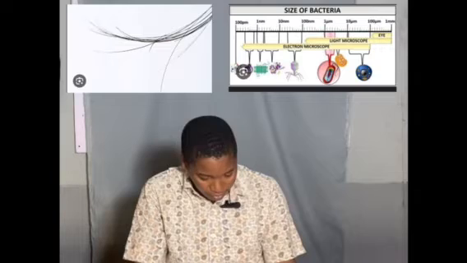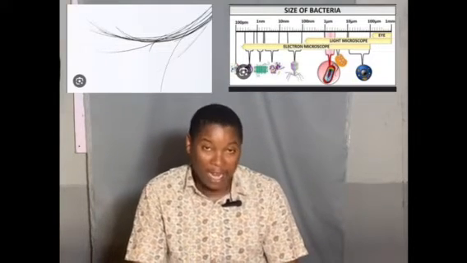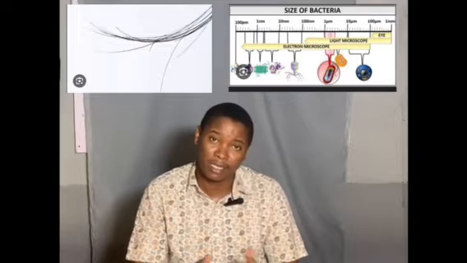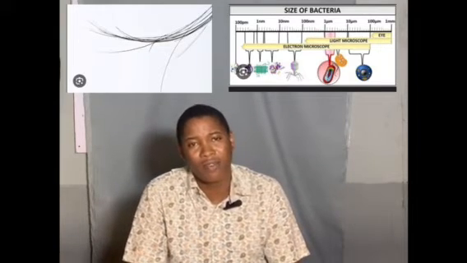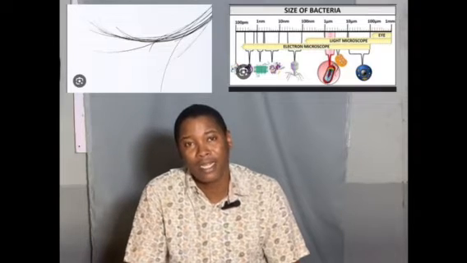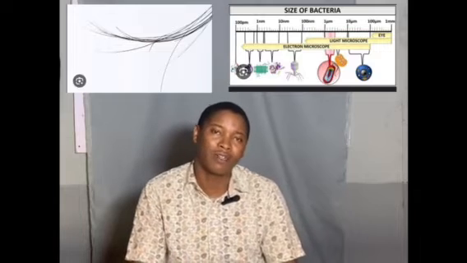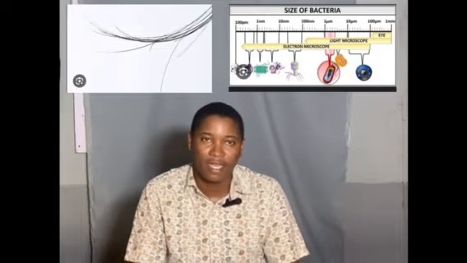Now apart from the size, bacteria have a cell wall, and bacteria are involved in many activities. Bacteria are prokaryotes. So prokaryotes are involved in many activities. These activities we call metabolic activity. And what do we mean? All the activities that bacteria run in order to stay alive. Now sometimes we divide these activities into aerobic or anaerobic.